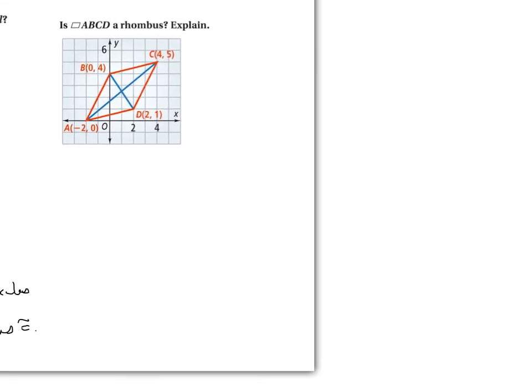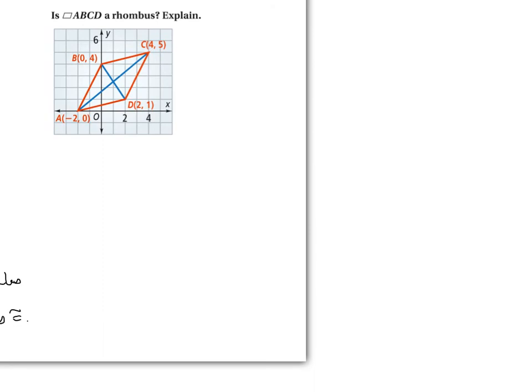Okay, so let's take a look here at this next one. It says, is parallelogram ABCD a rhombus? And explain. Well, in order for it to be a rhombus, one thing we know for sure is that the diagonal BD has to be perpendicular to the diagonal AC. In other words, for them to be perpendicular, how would I show that? Well, we just got done working on that with 3/8.